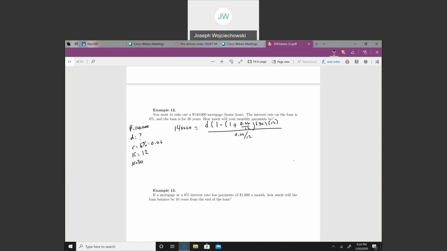So 140,000 equals D times 1 minus 1.005 to the negative 360 over 0.005. I go ahead and multiply both sides by the 0.005.